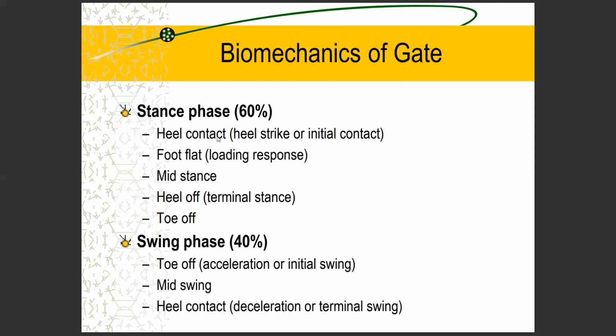If you look at the heel contact, this is transverse. Here the heel contact is actually the end of the swing phase, and just before the heel contact, the phase after the mid swing is known as the deceleration phase, the terminal swing subphase, or the late swing phase.